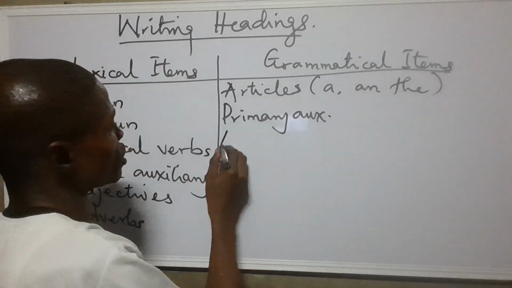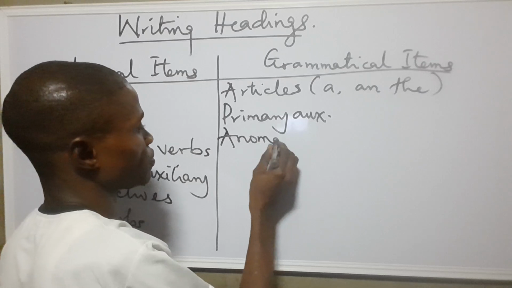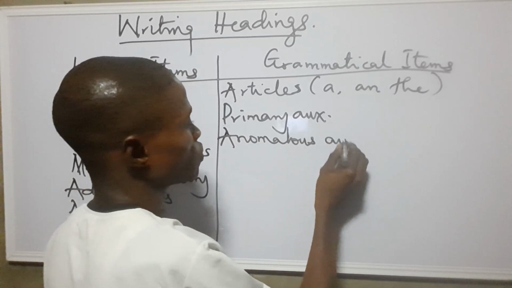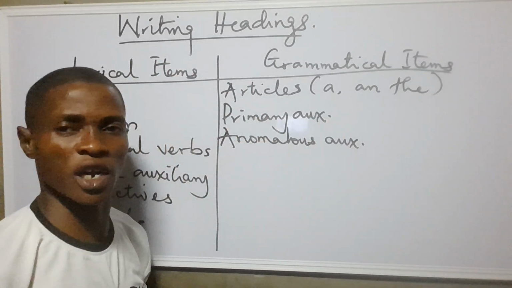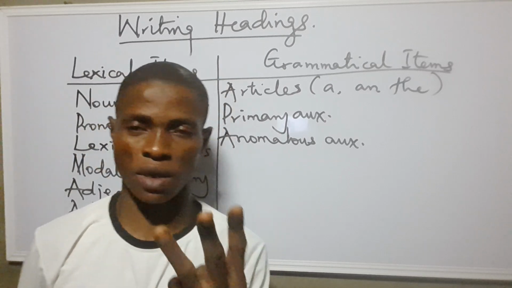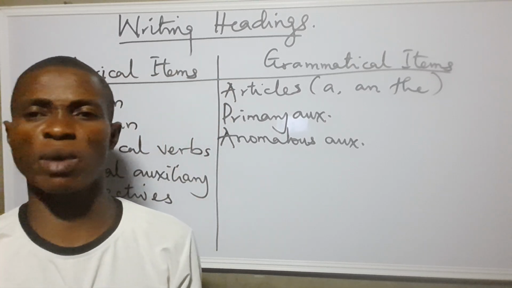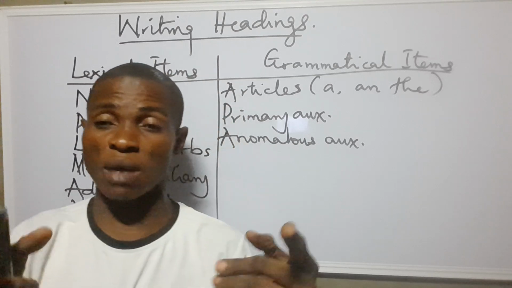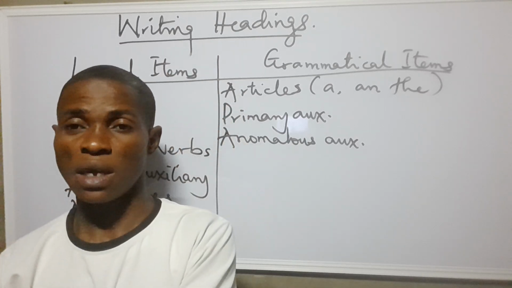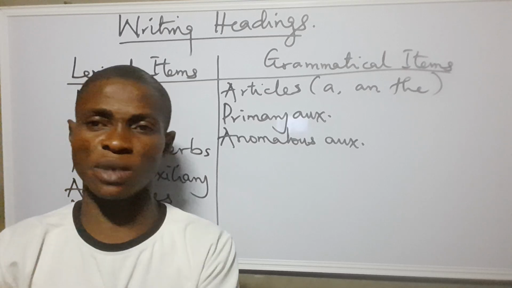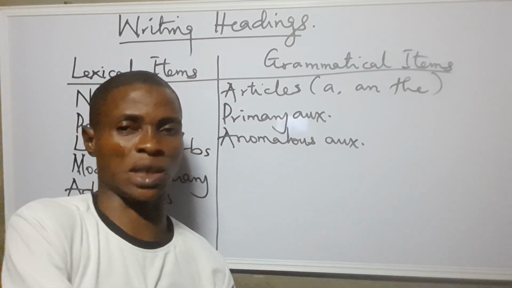Now, the next one is called the anomalous auxiliaries. Anomalous auxiliary verbs, they are 3 in number. Actually, we call them anomalous because they perform 2 basic functions. They can be used as a lexical verb, and at the same time used as what is known as an auxiliary verb.